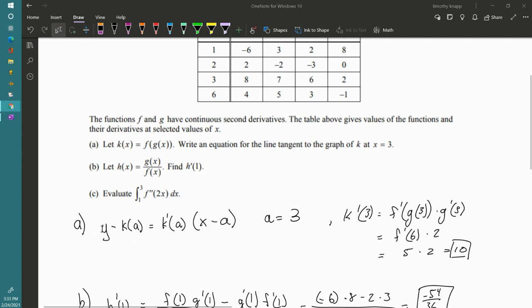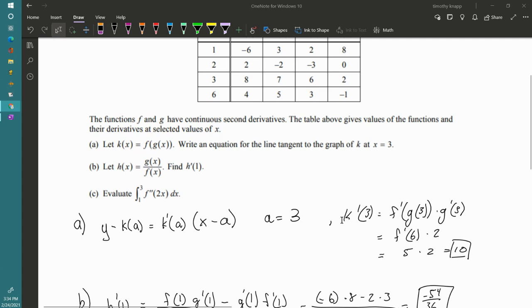So you recall that the tangent line formula is y minus y1 equals the slope times x minus x1, or the x coordinate. In this case, the x coordinate they give us is 3, right? And so you would need to evaluate k at 3 here for this one.